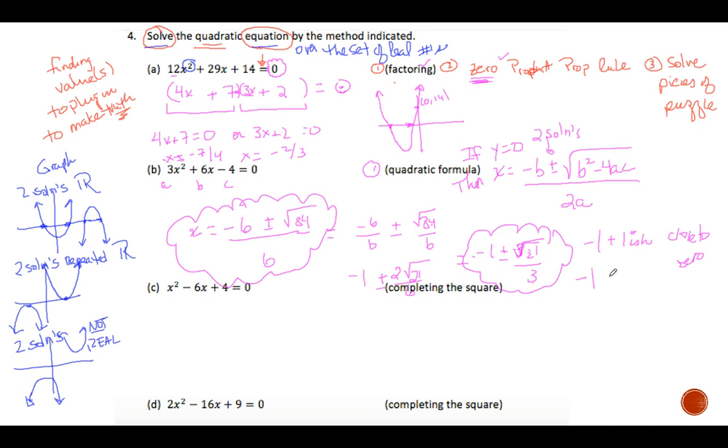But -1 minus 1-ish is close to -2. That's the only thing that simplifying helps me do, as opposed to -6 plus or minus the square root of 84 over 6.